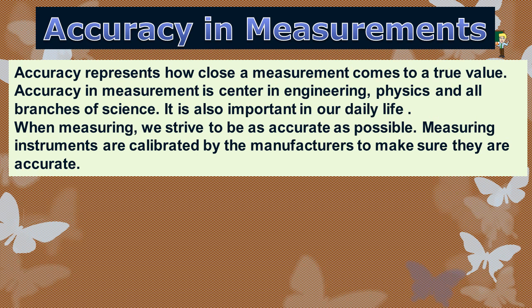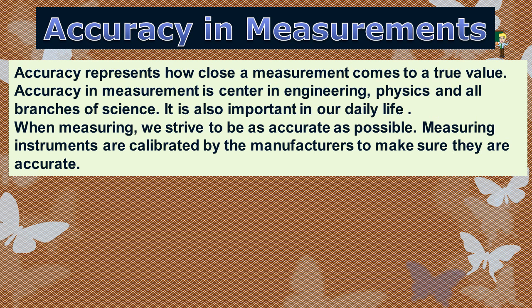Measuring instruments are calibrated by the manufacturers to make sure that they are accurate. You might have seen in jewelry shops how accurately they measure the gold. What will happen if a little more salt is added to food while cooking? So it's important to be accurate when taking measurements.